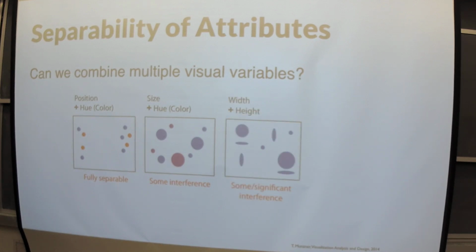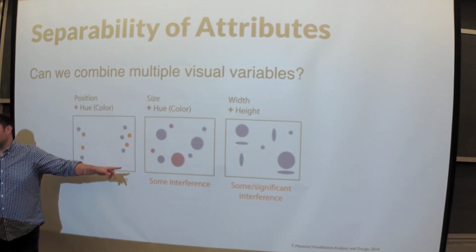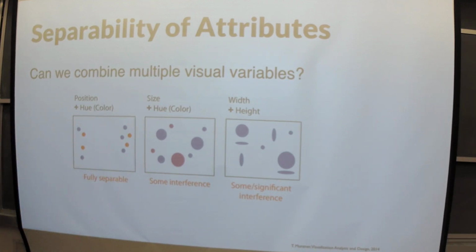So I would, for example, not mix the size of a mark and then add an additional quantitative attribute with saturation or value. You do not want to vary width and height of these charts because we here have significant interference, right? These elements now have pretty random areas, and the area isn't really proportional to the data that I want to encode anymore.